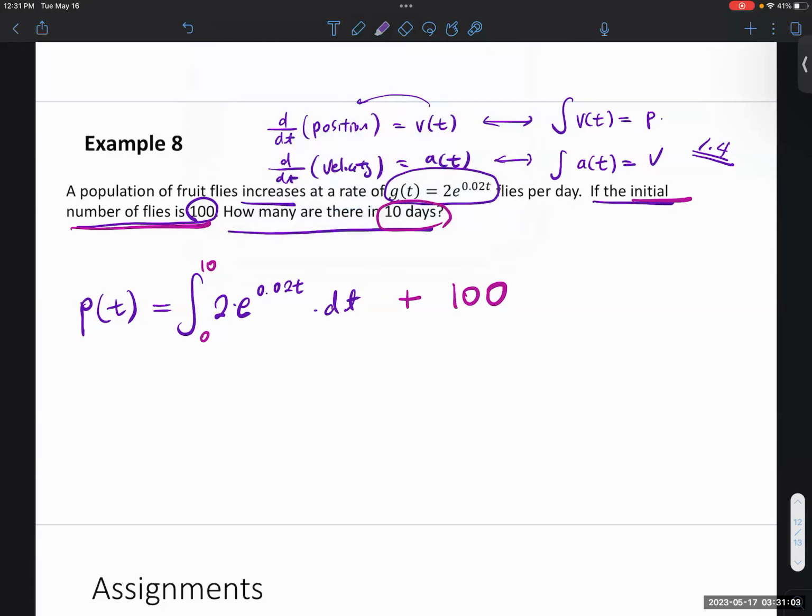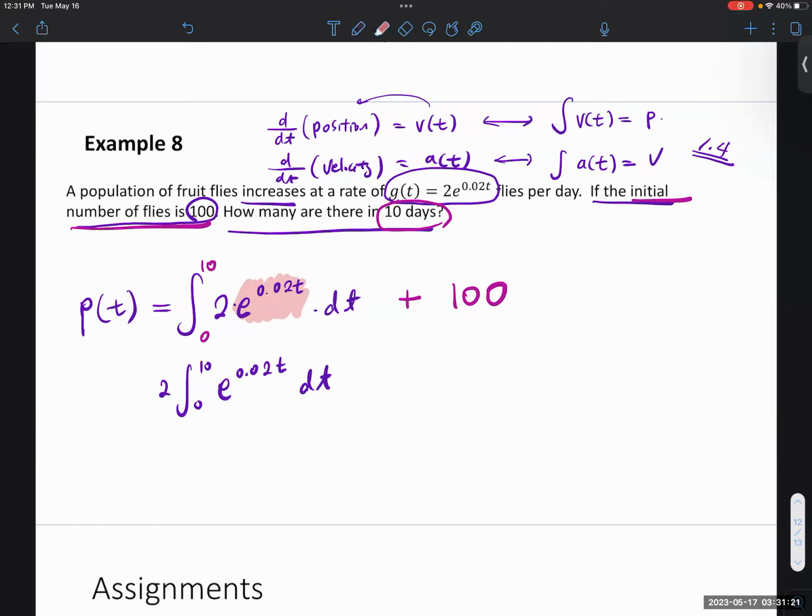This part, let me just highlight it, e to the 0.02t, but I'm going to just bring the 2 to the front. The integral from 0 to 10 of 2 e to the 0.02t dt. Do you remember?